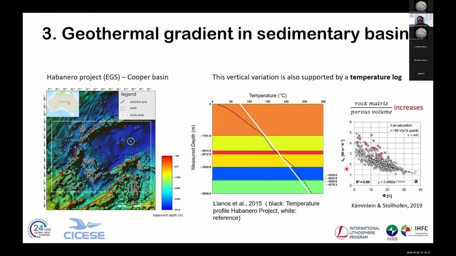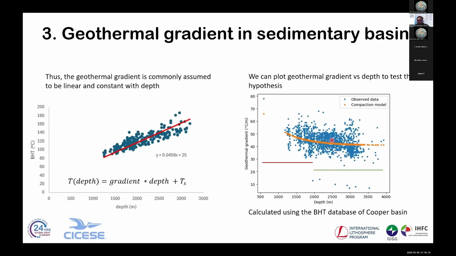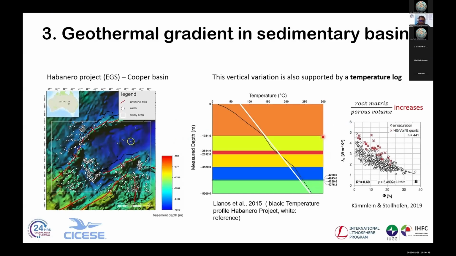So maybe this kind of data has a lot of noise, a lot of errors, right? So we use this figure from Llanos et al. This is a temperature log, and of course, the slope of that curve, the black curve that is the log, is the geothermal gradient, and you can observe that the slope decreases consistently with depth.